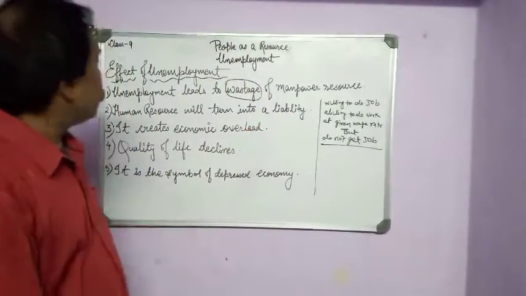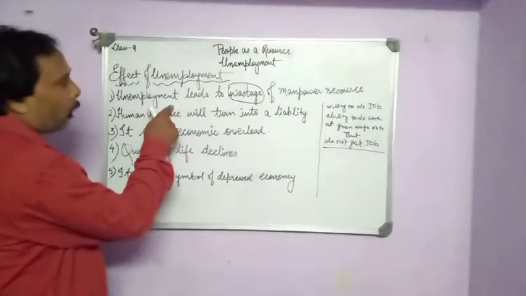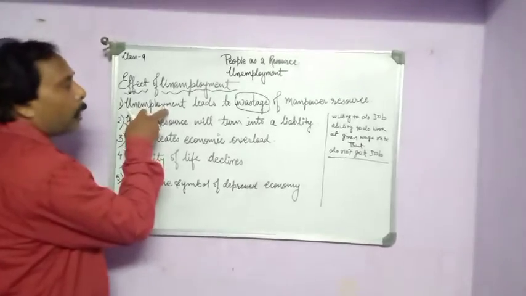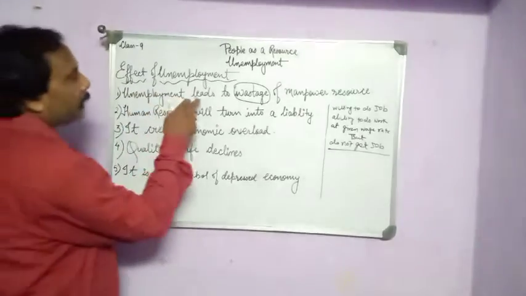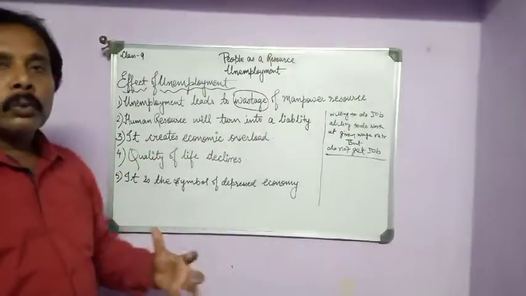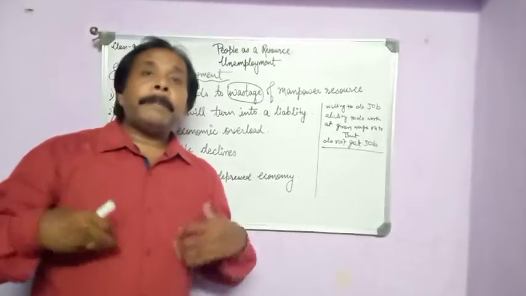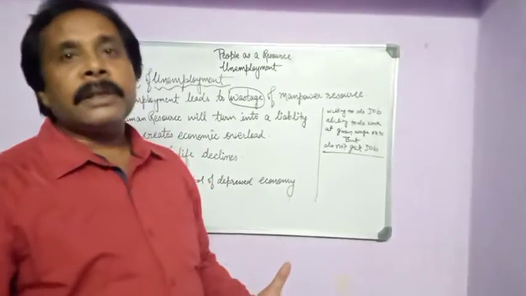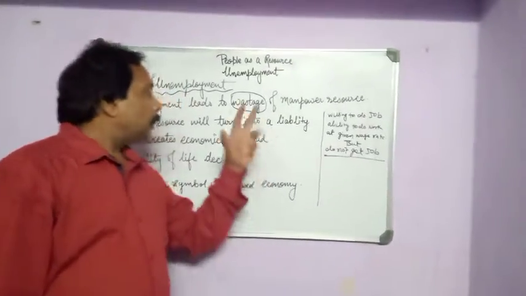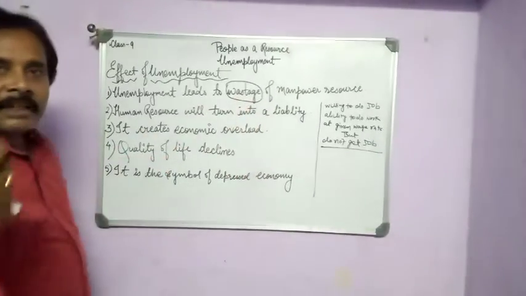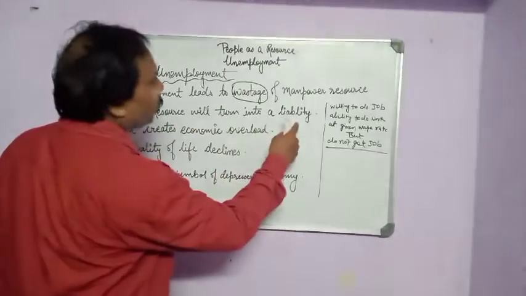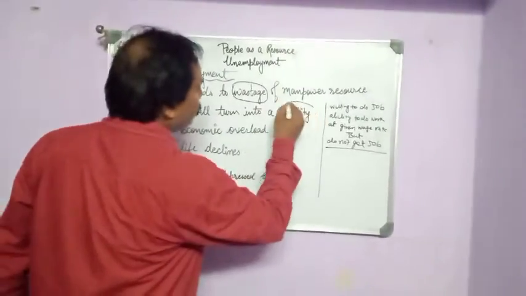Clear? So if the people do not get the job, it means the people are unemployed. People are facing the problem of unemployment. So unemployment leads to wastage of manpower resources. Wastage of manpower resources means the people are unable to utilize their own skill, ability, efficiency and so on. If they are not using all these qualities, it means human resource will turn into a liability.